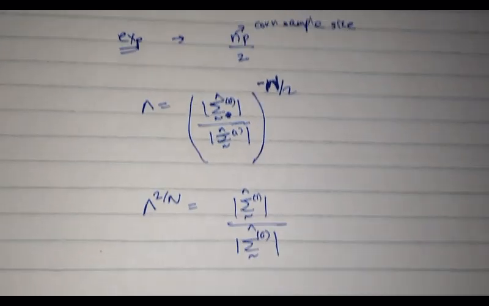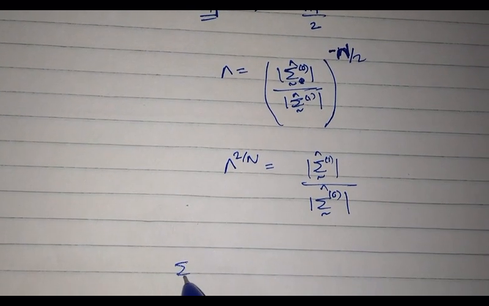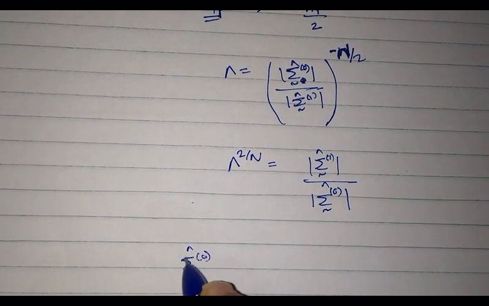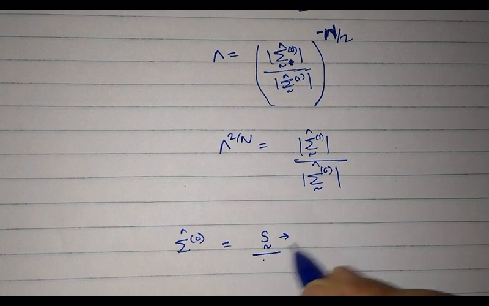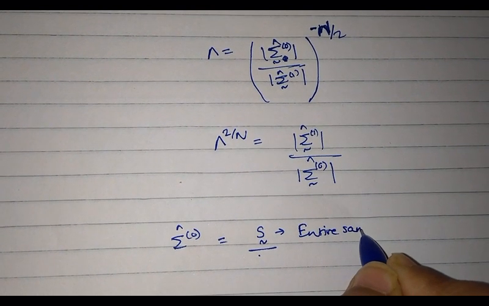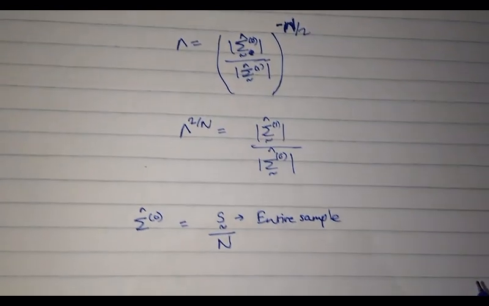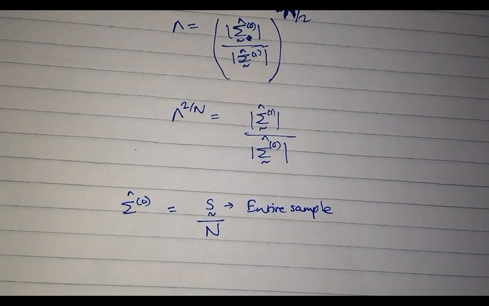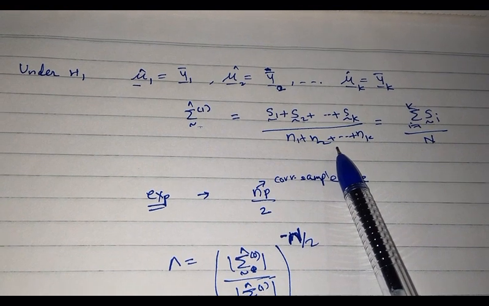Now, what is sigma naught hat? Sigma naught hat comes from the total S, based on the entire sample, divided by capital N. And what we know is this sigma 1 hat is actually this.